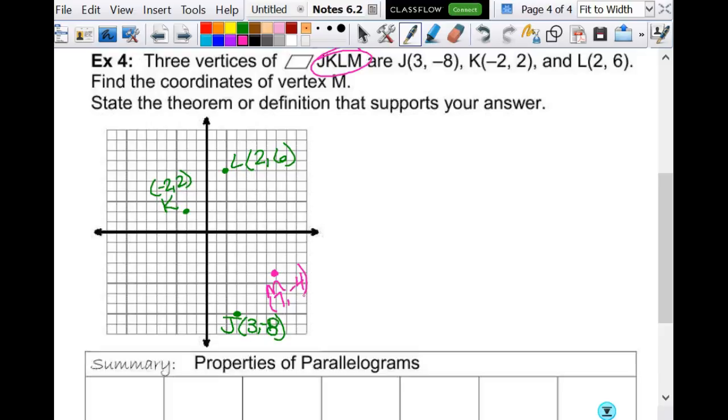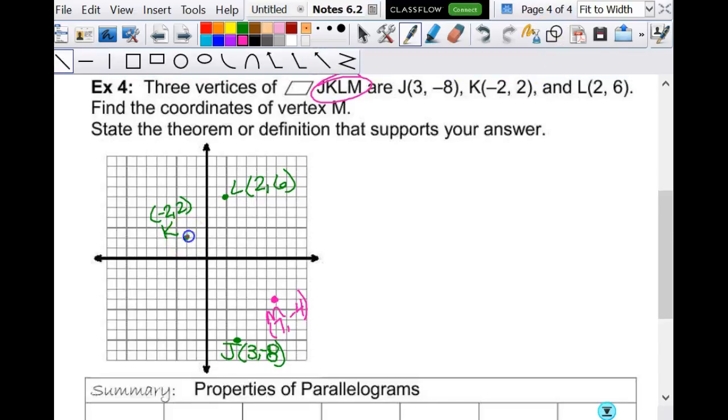So I can connect these. Let's connect these just so that we can see our parallelogram here. And I got to find slope, right? And we've decided what we're going to use, and that's the opposite sides being parallel. So we'll write down our reason right now.